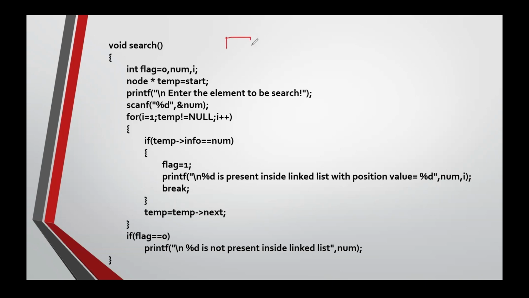Let's store a little bit of data inside our double linked list: 10, 20, 30, 5, 8, 9. Double linked list means the connection is established in both directions.